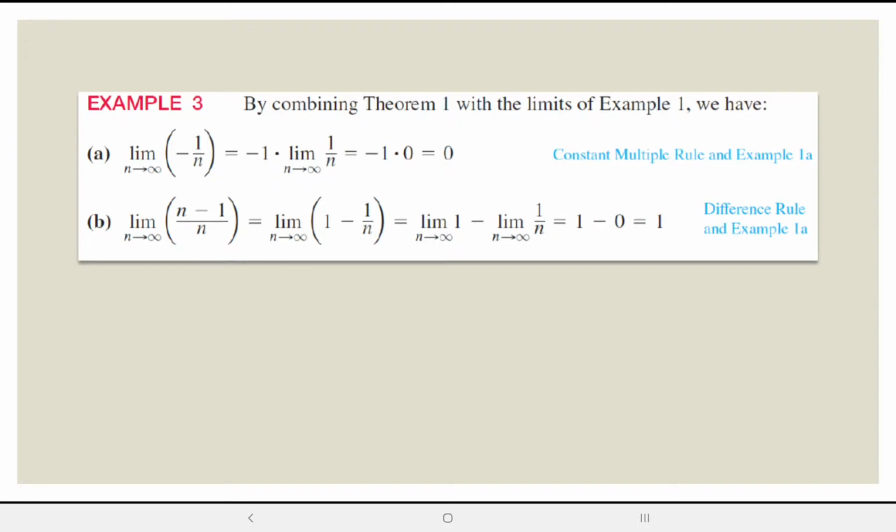Okay, next, difference rule ang ginamit din dito, and example 1a. Okay, so difference rule. So dinistribute lang natin si n, no? Okay, so we get n over n minus 1 over n. So the limit of 1 as n approaches infinity is still 1. So we get this one. But the limit of 1 over n as n approaches infinity is 0.